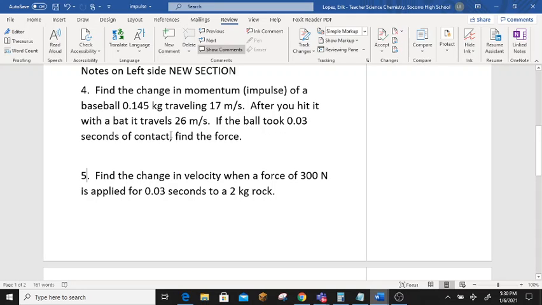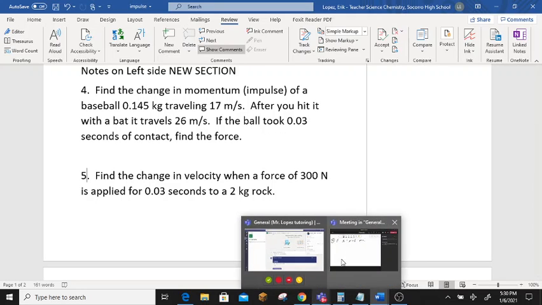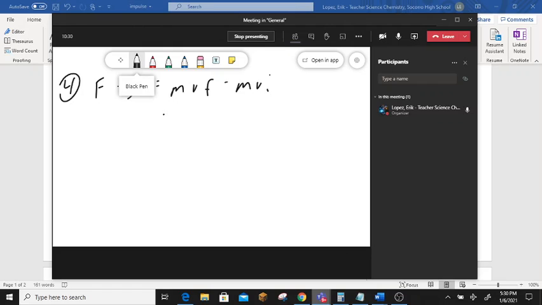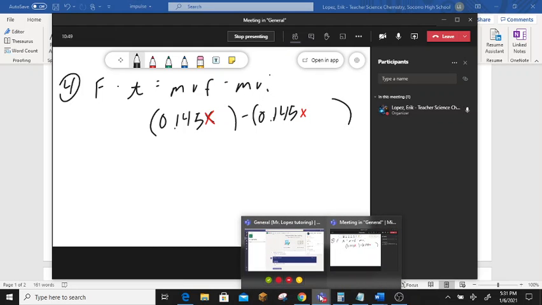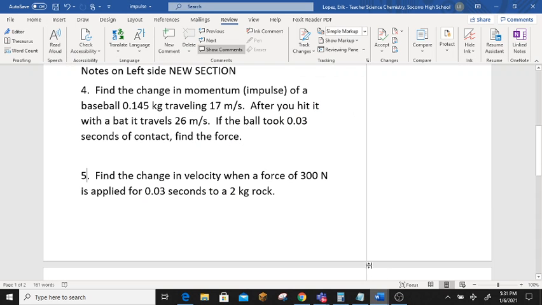So, okay, they give us a mass, 0.145, so let's plug that in, the mass, 0.145. Times, well, it's times and times. Okay, so we plug those numbers in. Let's see the other numbers that they give us. They give us an initial and a final.